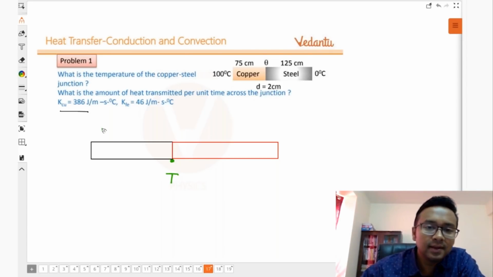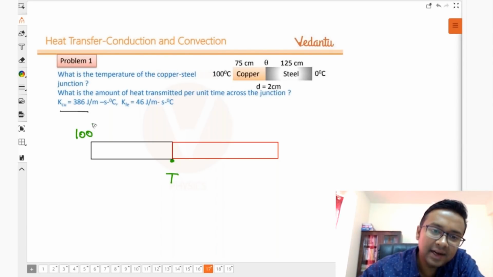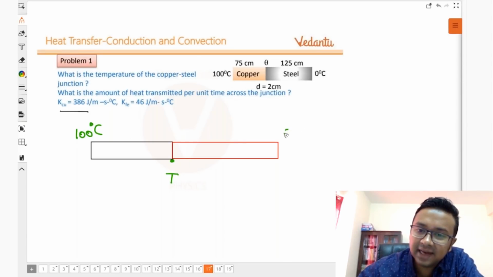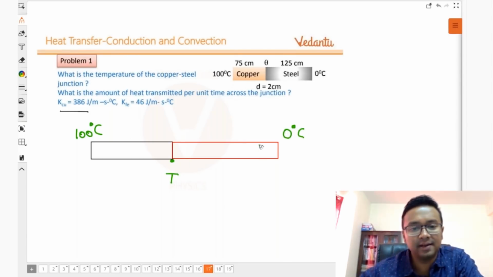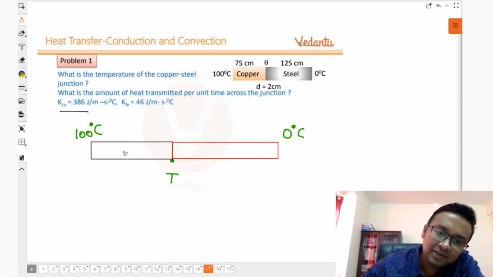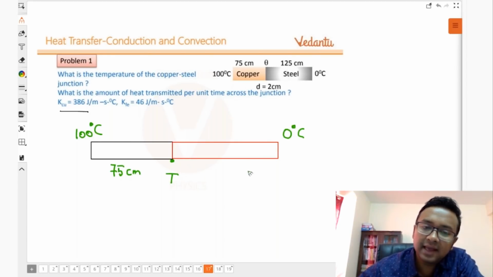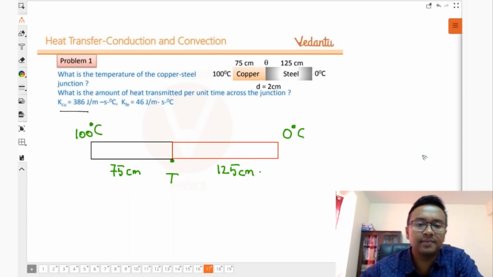This end is at 100 degrees centigrade and this end is at 0 degrees centigrade. This one is of length 75 centimeter and this one is of 125 centimeter.